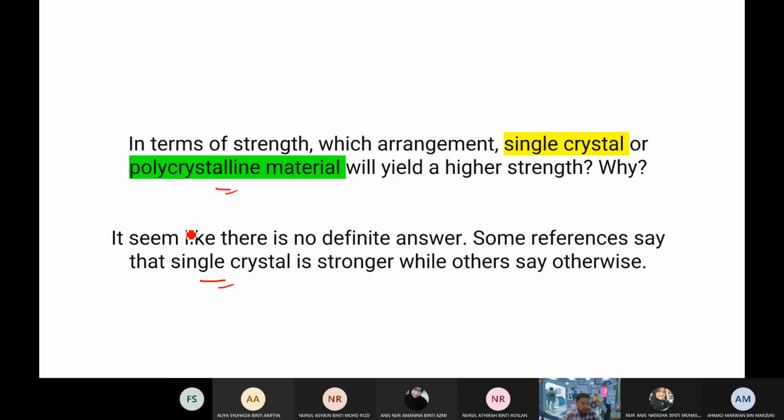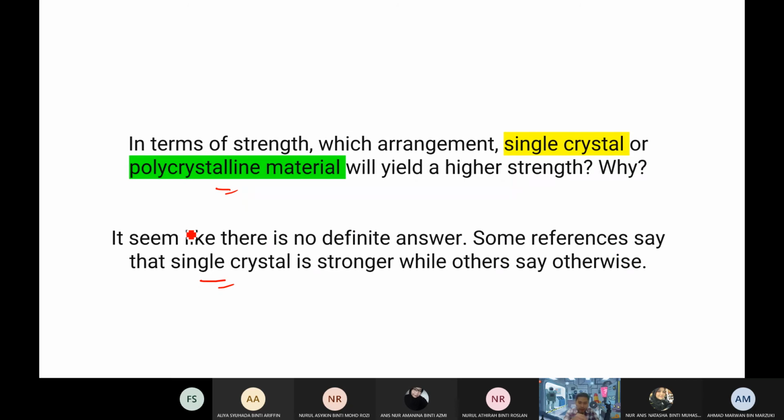But for the sake of simplicity, we can conclude that a single crystal is much stronger than polycrystalline material, because we don't have a dislocation, and that makes single crystal material become stronger compared to polycrystalline material.